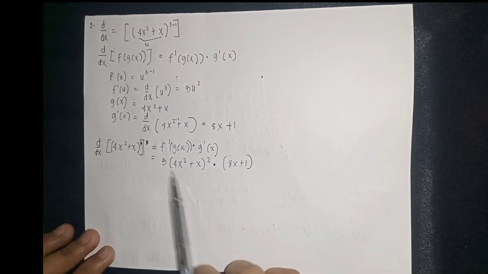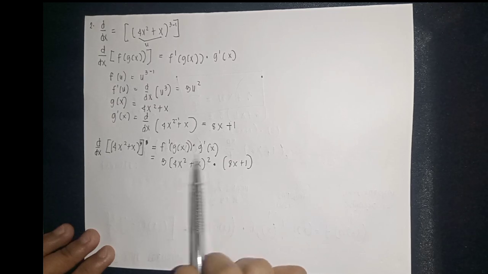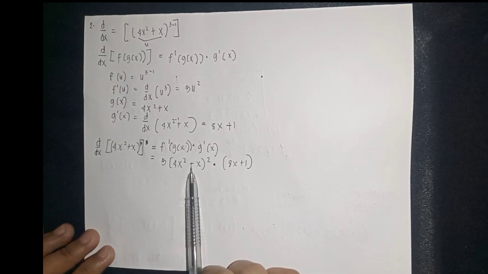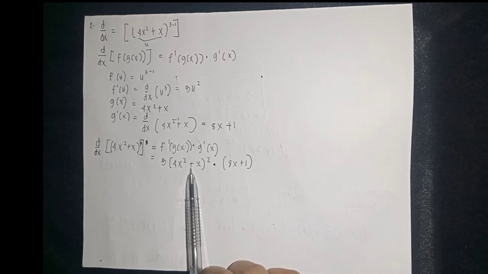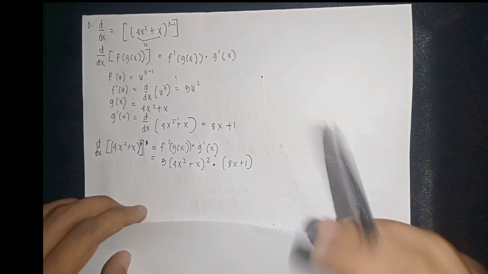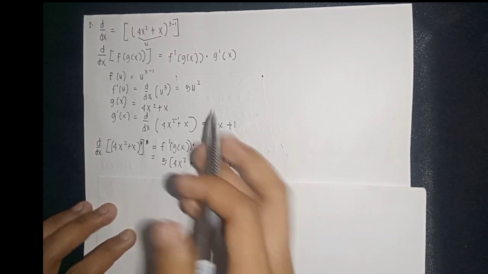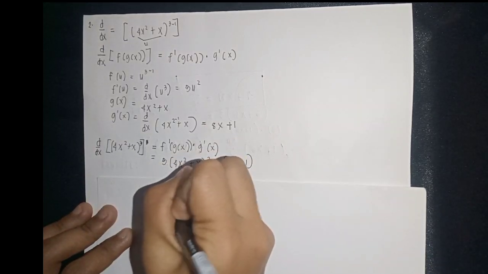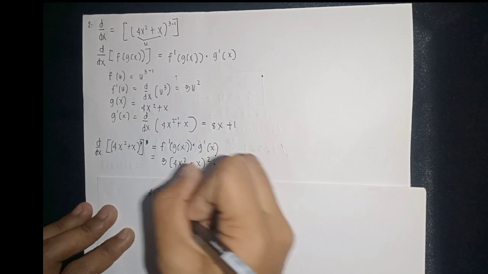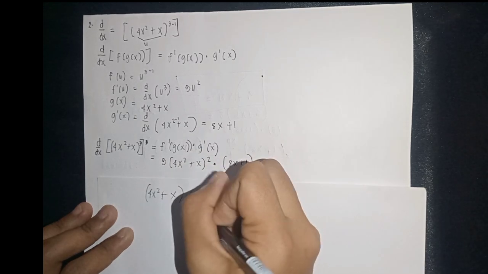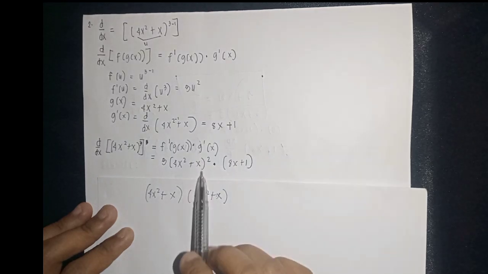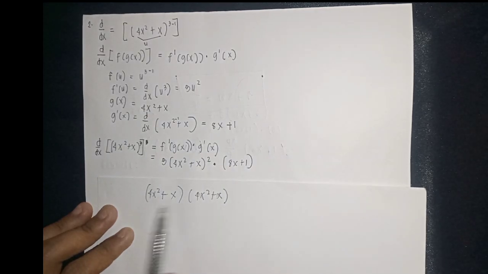So now by splitting this, let's write 2 functions: 4x squared plus x times 4x squared plus x. So let's multiply these 2 functions.